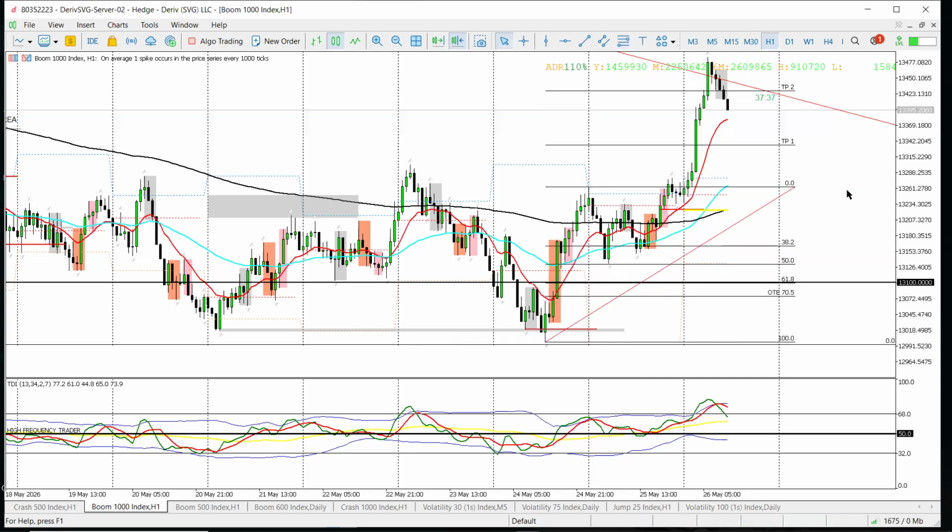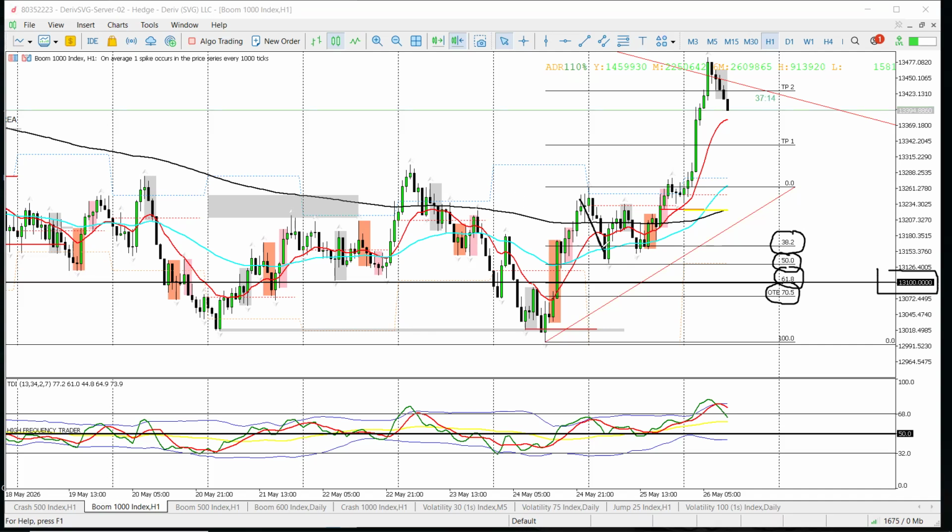So now what we are waiting for is for price to retrace into either 38.2, 50.0, 61.8, 70.5. Also bearing in mind that 13100 is our POI, point of interest.